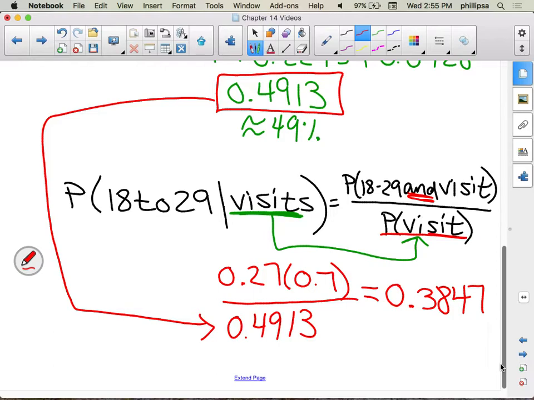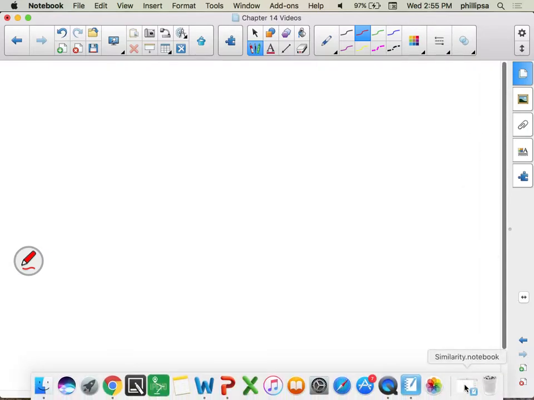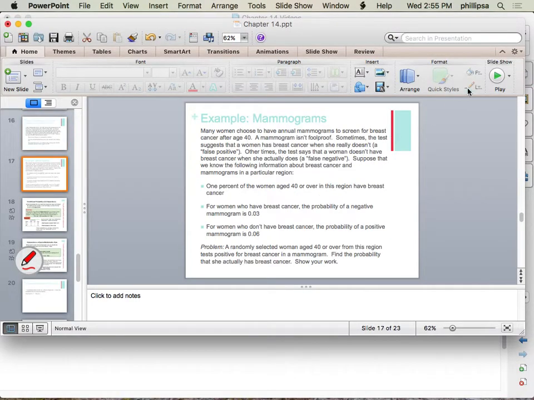So one of the most important applications of tree diagrams and conditional probabilities is in the area of drug and disease testing. Okay, so let's take a look at PowerPoint and one more question.